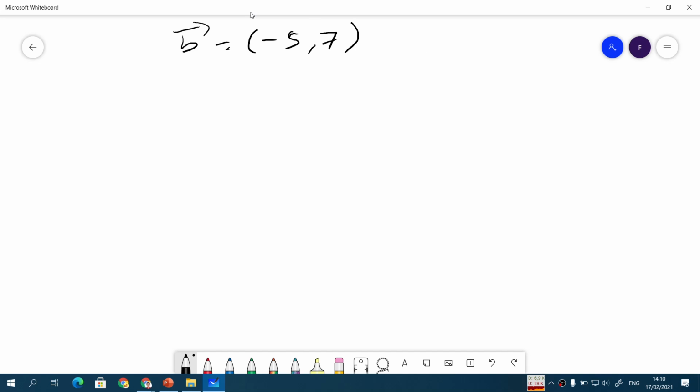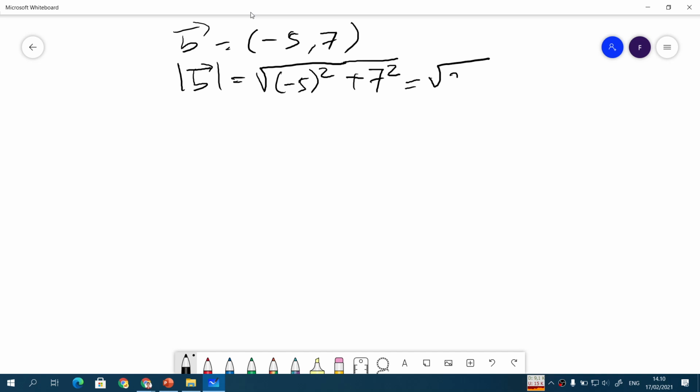Okay, so we're going to calculate the magnitude first. We have the square root of minus 5 squared plus 7 squared, which is the square root of 25 plus 49.